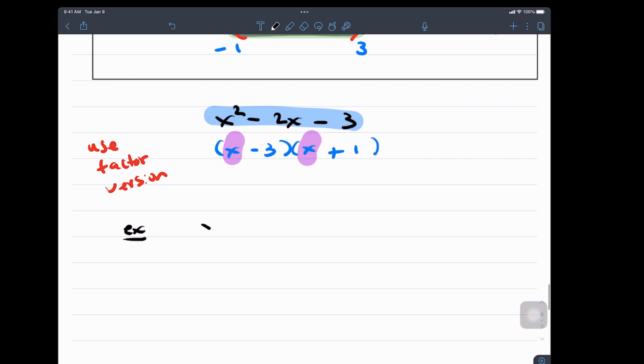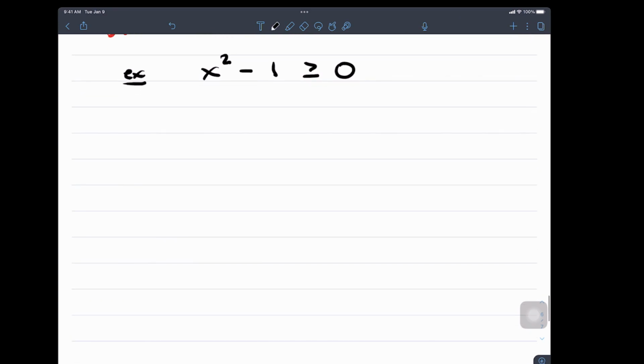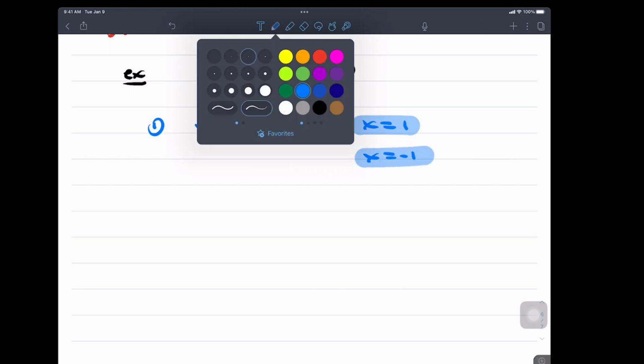What else did you guys have this morning? Did we have x squared minus 1 greater than or equal to 0? Is that right? Okay, step 1. What does step 1 say? Solve the equality. We got x is +1, x is -1. This is by your warm-up.